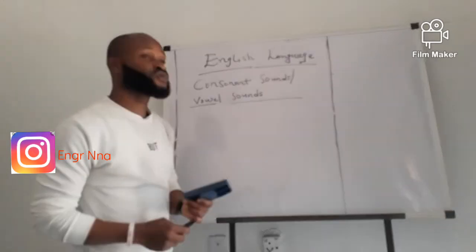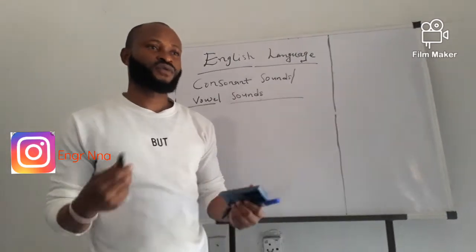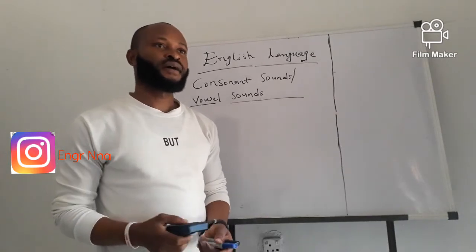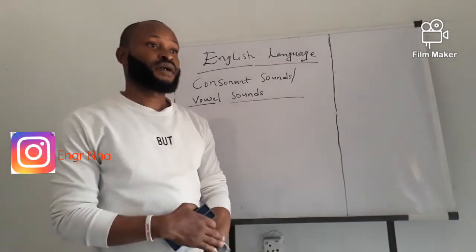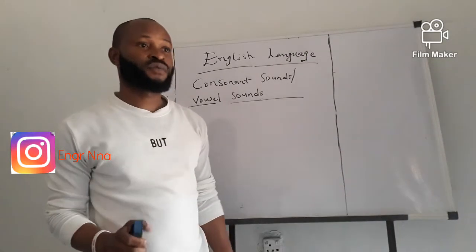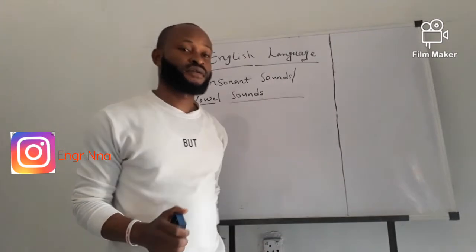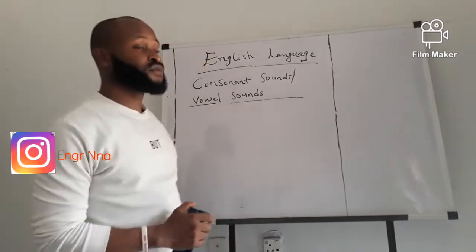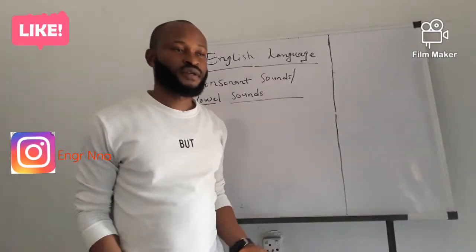So when we say consonant sounds, what do we mean? In fact, what are consonants? We have 26 alphabets in English language, and out of the 26 alphabets, we've got 5 vowels, and we've got around 21 consonant sounds. But what do we mean when we say consonant?